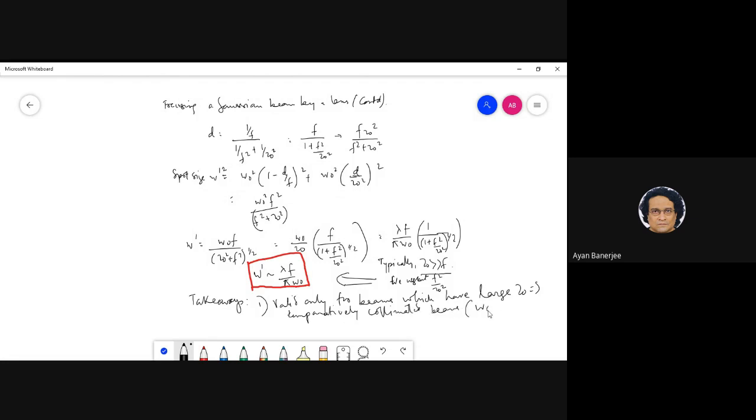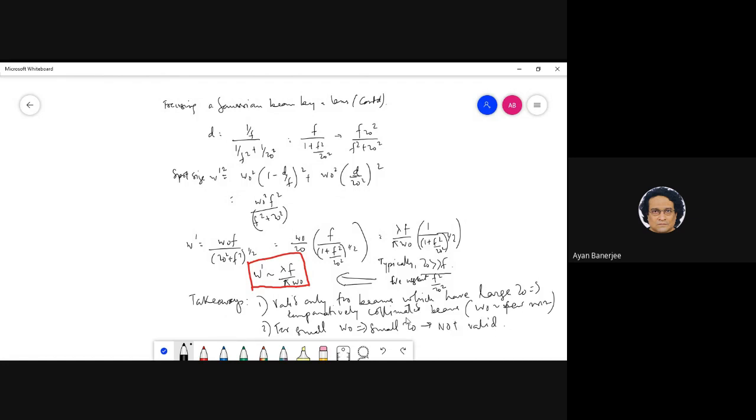Beams with omega 0 of the order of a few mm. For small omega 0, which means small z naught, this is not valid.